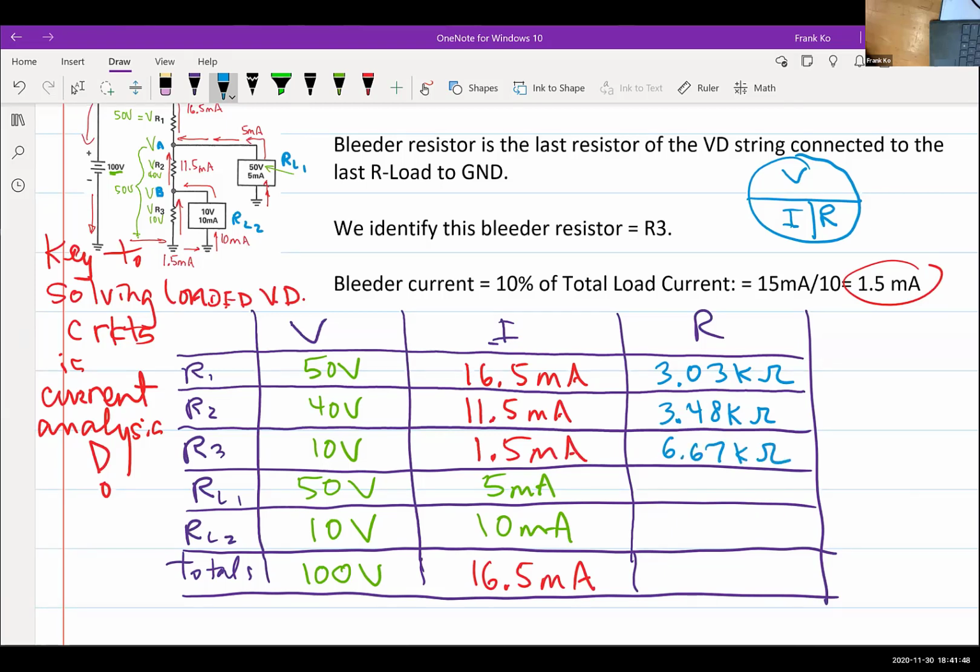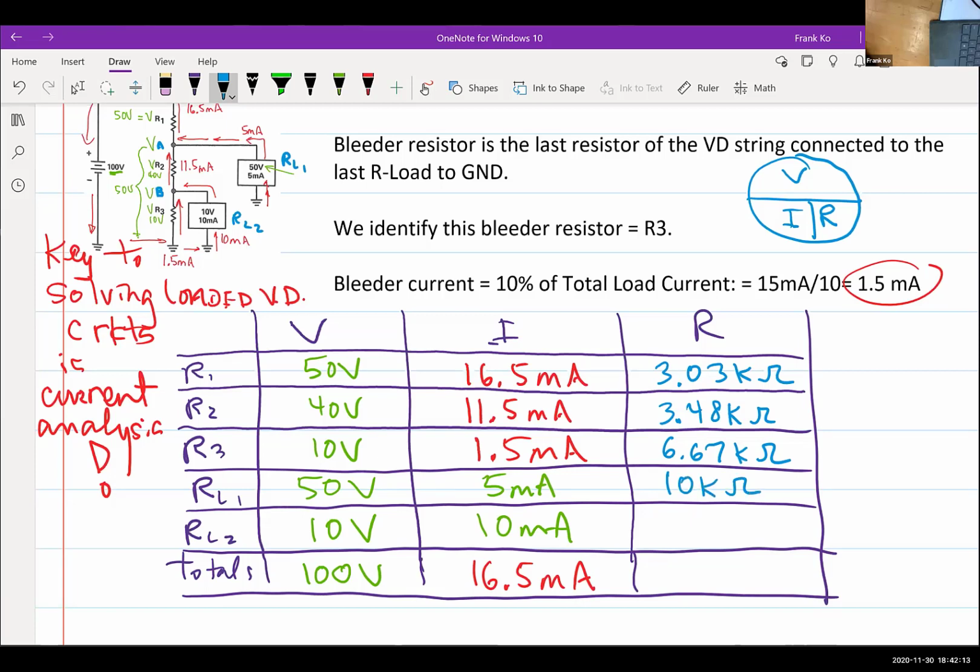And then my first load resistor is 50 volts divided by 5 milliamps. So 50 divided by 0.005 works out to be what value? 10 kilo ohms.